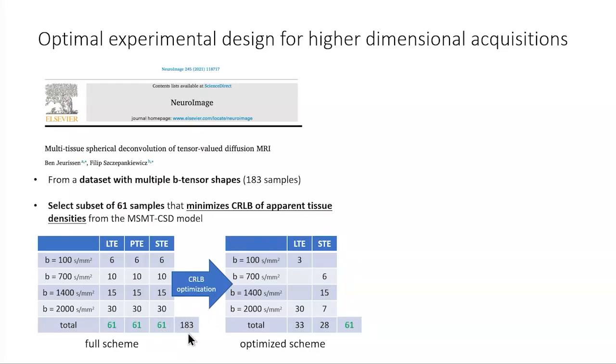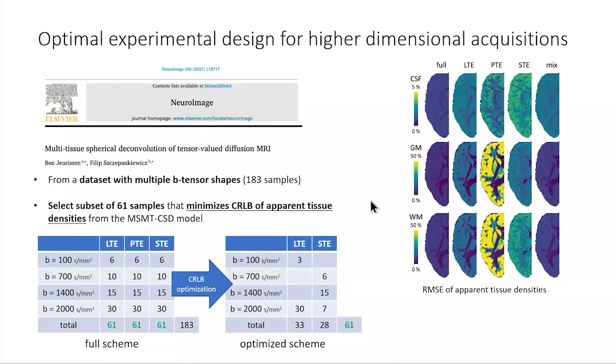This way we could go to a sequence with just 61 images with a mixture of linear and spherical tensor encoding, which took the same amount of time as just the linear tensor encoding alone.